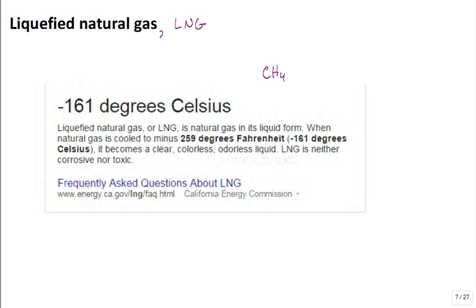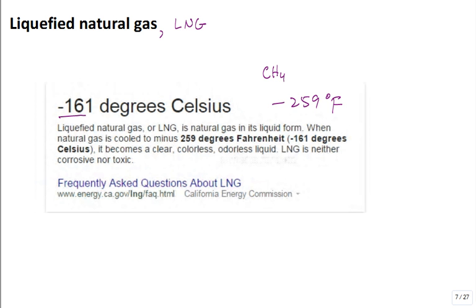If you pressurize it, you can liquefy it at a higher temperature, but you don't like to have it at a high pressure. So at around atmospheric pressure, at a temperature of around negative 161 degrees C, that's cold, you can have it liquefied. This is minus 259 degrees F at atmospheric pressure.